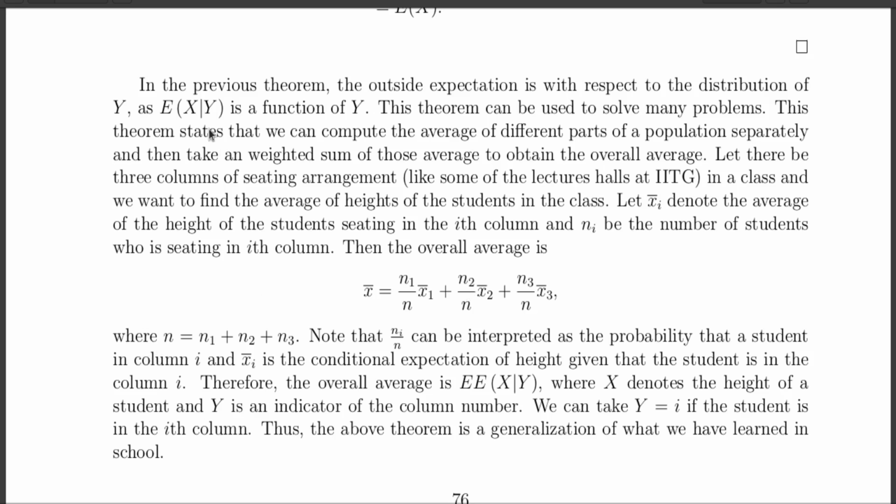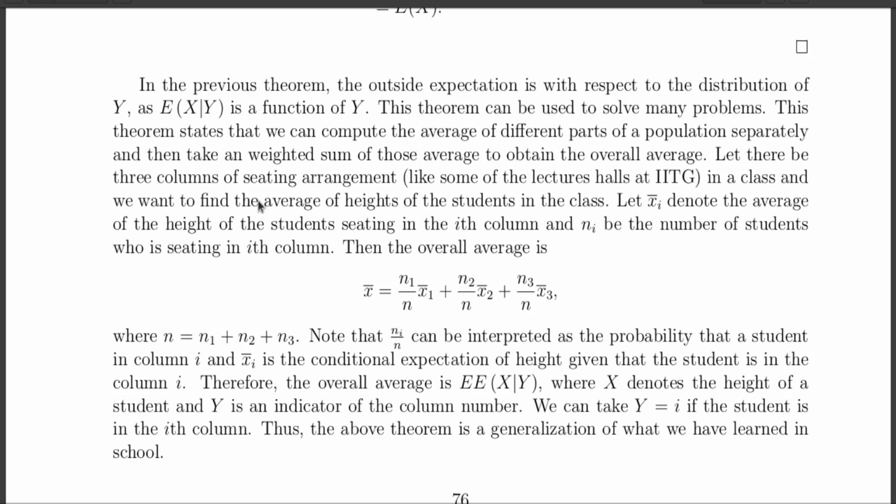And suppose I am talking about the average height of the students, and suppose x1 bar is the average height of the students who sit in the first column, x2 bar is the average height of the students who sit in the second column, similarly x3 bar.